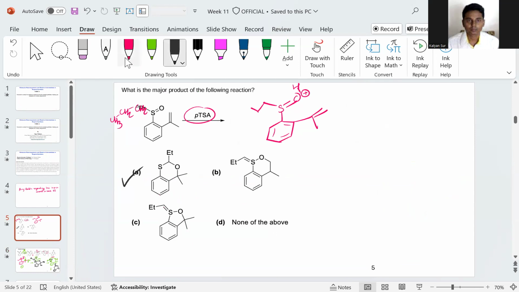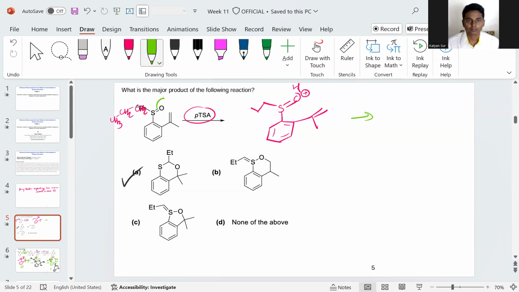So one might also think of attack in this fashion. So let's say the proton abstraction takes place in this manner, but further the course of reaction doesn't go by this.